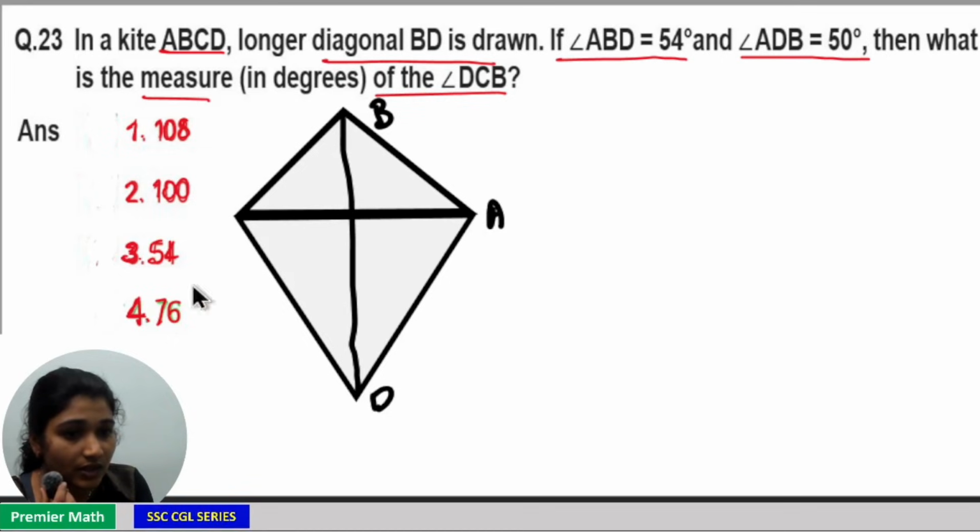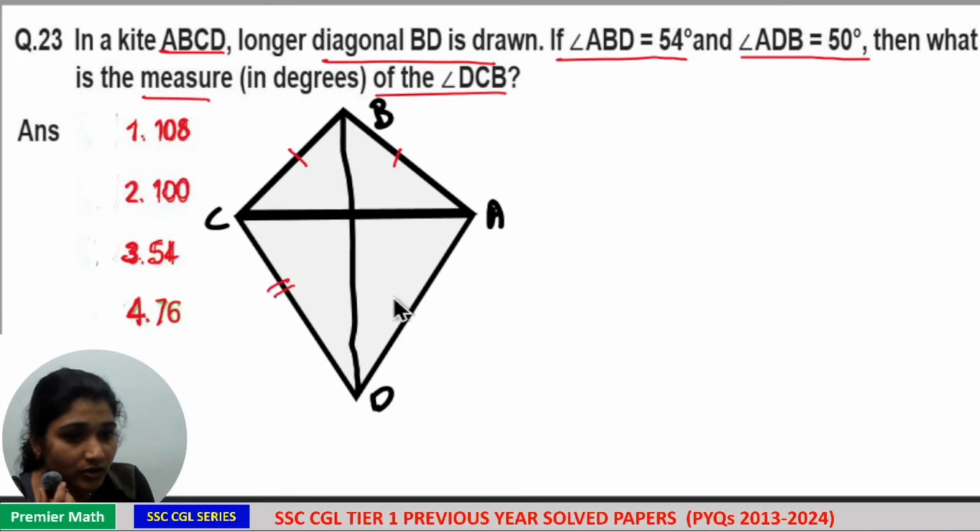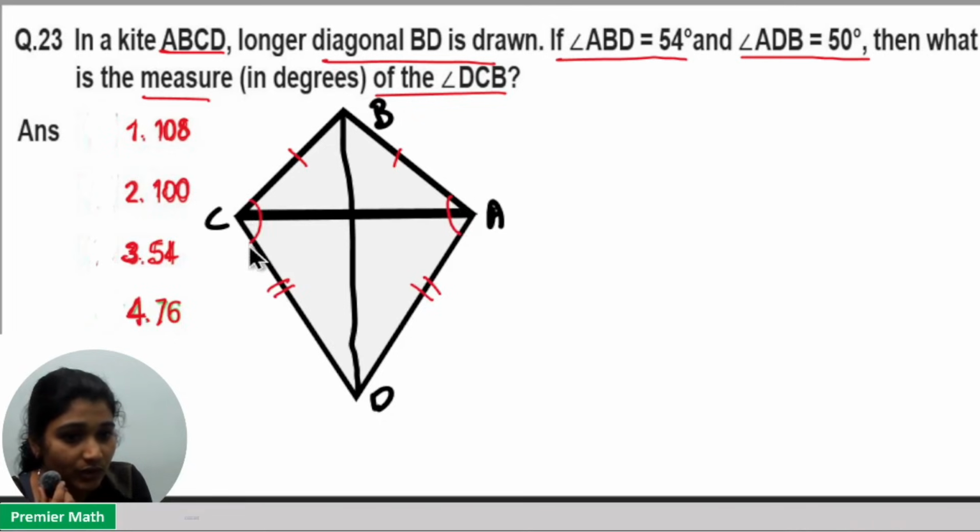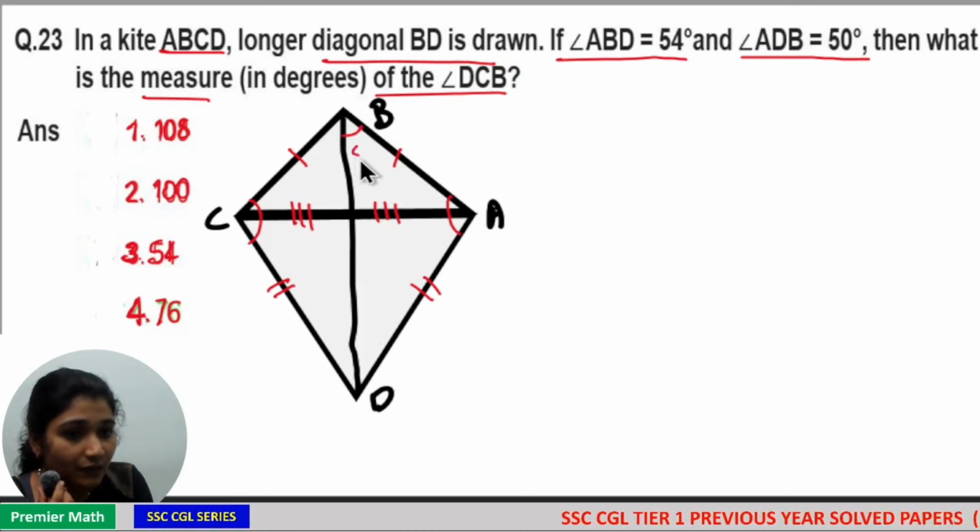So, this is AC. Now, in a kite, these two sides are equal and these two sides are equal. Also, these two angles are also equal, which means here angle ABD is given as 54 degrees and angle ADB equal to 50 degrees.